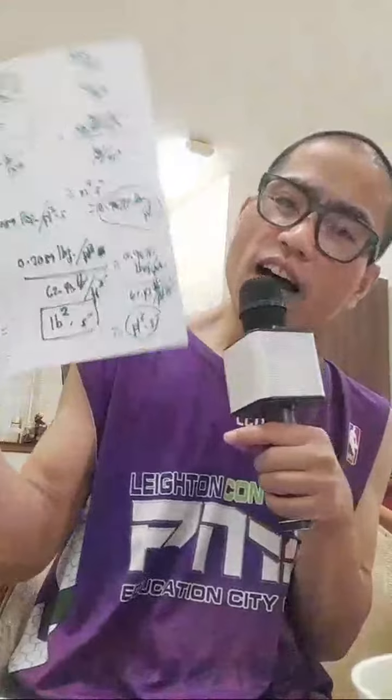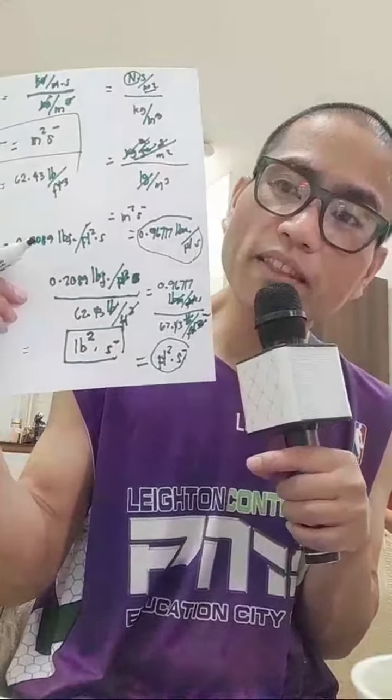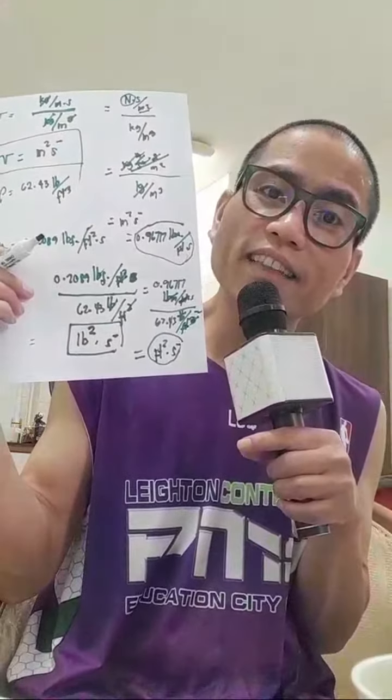So we cancel the cubic feet, and cancel the pound. What is left is feet squared second negative. This is correct. The feet squared per second is also a unit of kinematic viscosity in feet, or the English system.